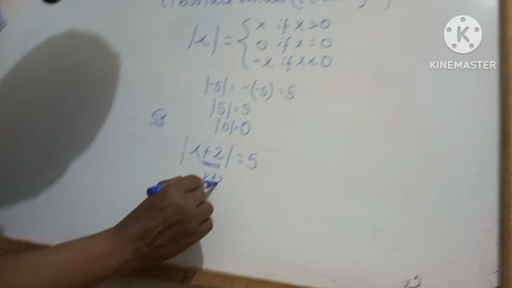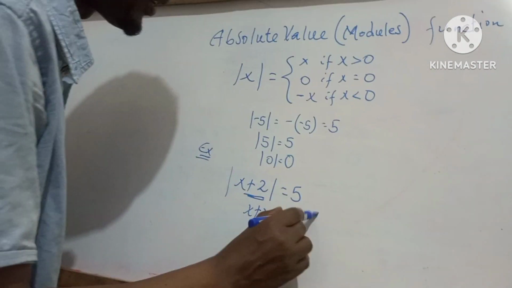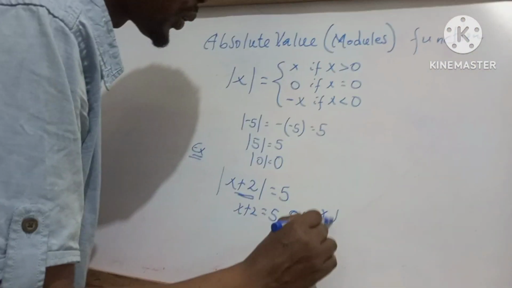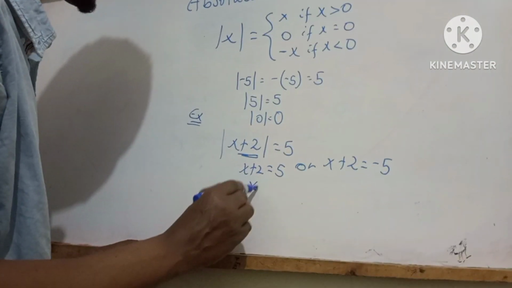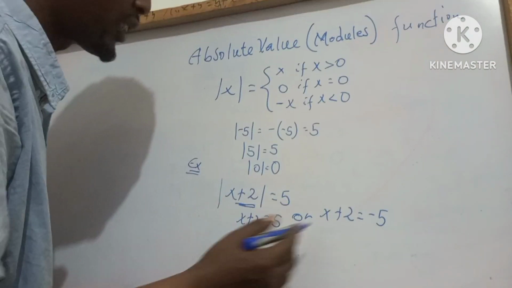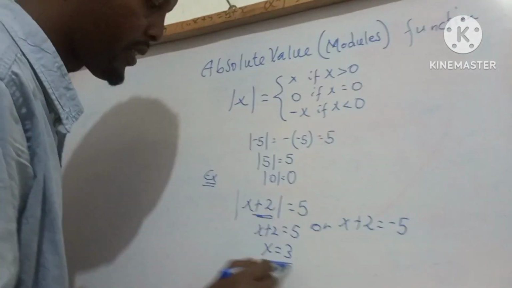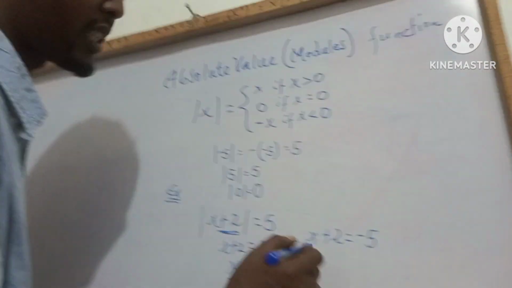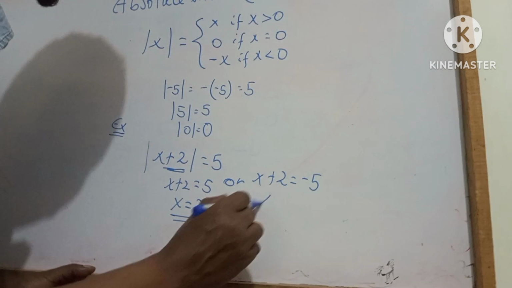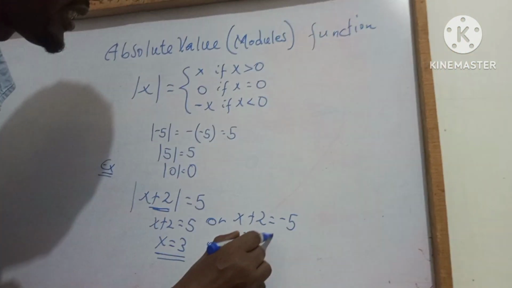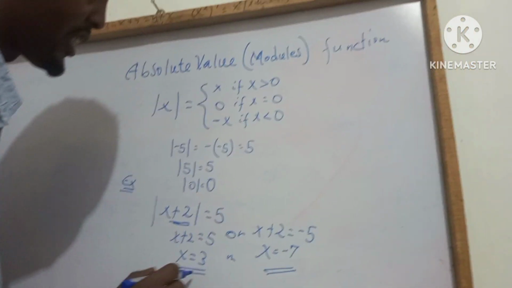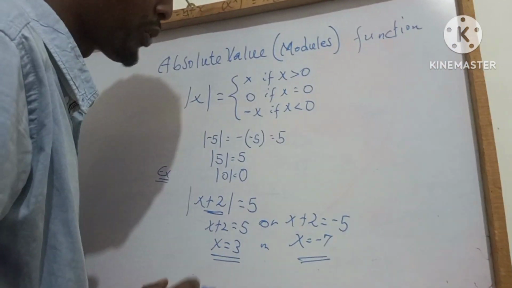So x plus 2 is equal to 5, or x plus 2 is equal to negative 5. Subtracting 2 from both sides, we have x is equal to 3, or x is equal to negative 7. So our answer is x equals 3 and x equals negative 7.